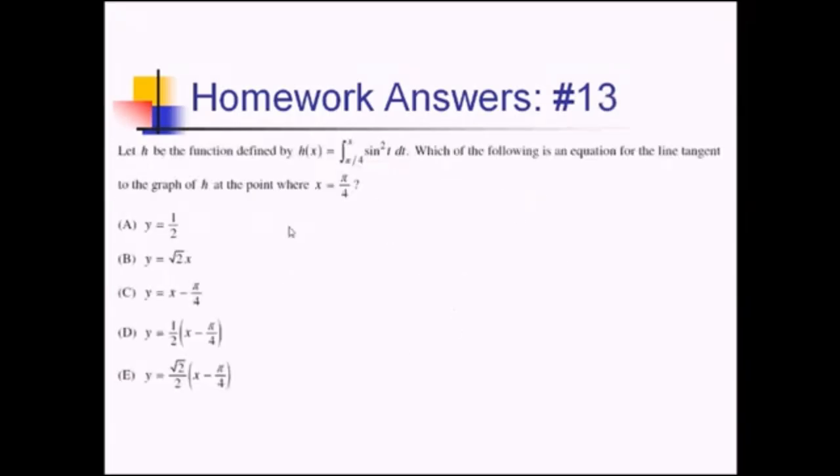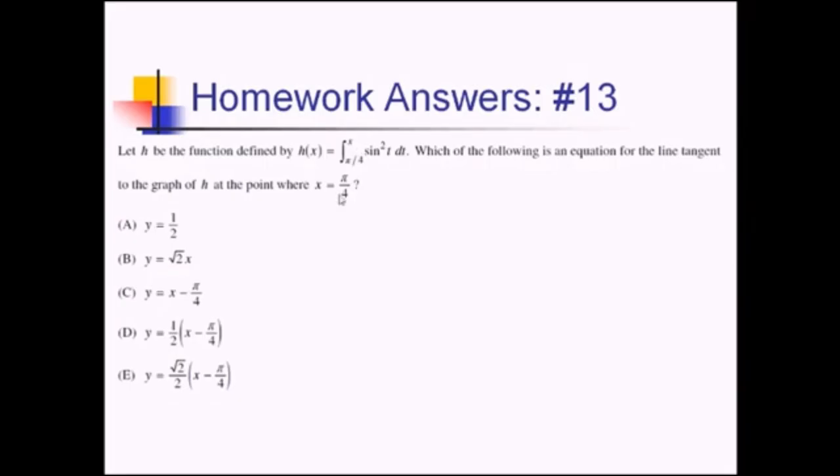On number 13, we have h defined as the integral from pi over 4 to x of sine squared of t. Which of the following is an equation for the line tangent to the graph of h at the point where x equals pi over 4? If I'm asking for a tangent line equation, I need an x value, which we have, a y value, which we can get by plugging this in up here, which we'll do a little bit later, and we also need a slope.